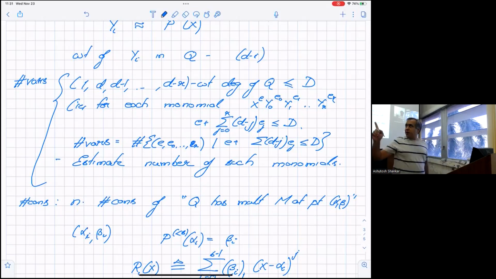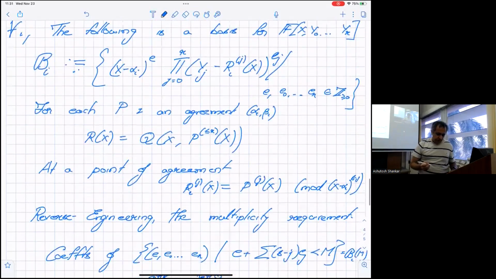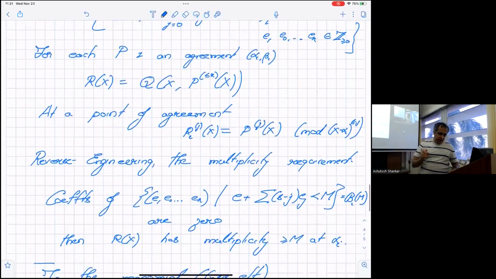Okay. So the number of variables is this. This is what we have seen. Let's keep that one, and we want to estimate this. Now, what have we seen? We needed to estimate the number of constraints.